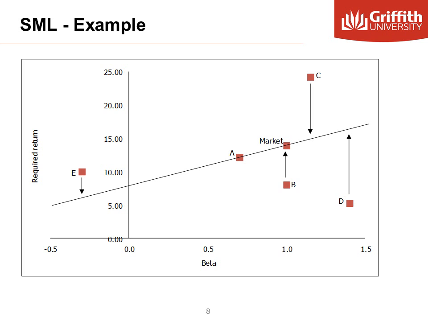So they do not provide the adequate return. They should give more, but in fact they give less. So they are too expensive, they are overvalued. What happens is that investors will sell shares B and D, pushing the current price down, and as the price falls, the estimated return will rise until it plots on the SML.